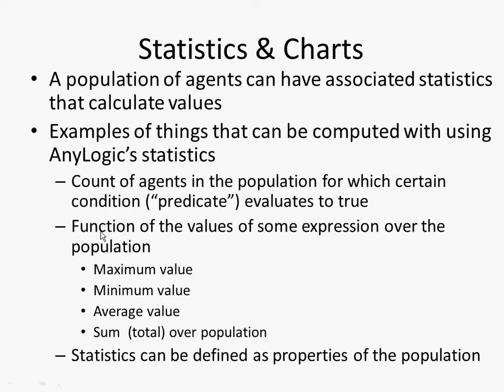You could take a maximum over something like the maximum income or the minimum income, the average income, the sum over the population of quality of life, or the sum of income across the population. And we can define these as properties of the population.